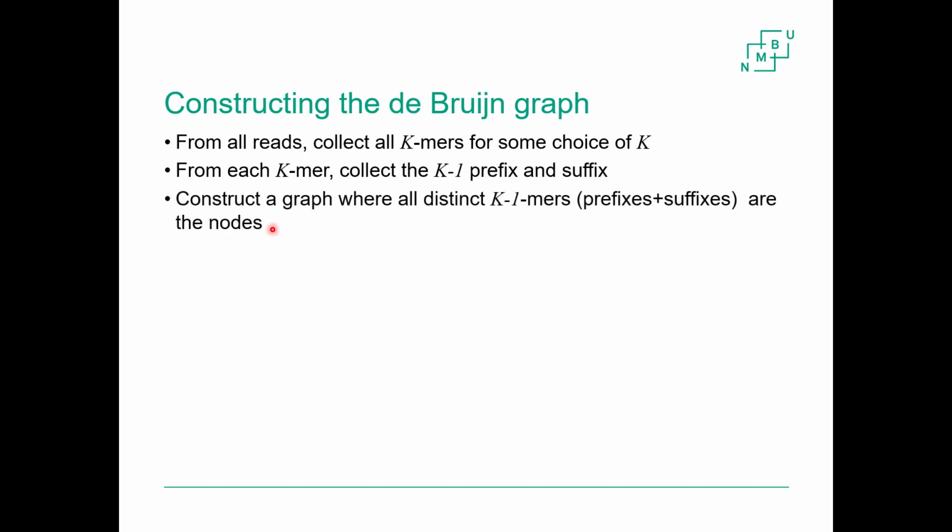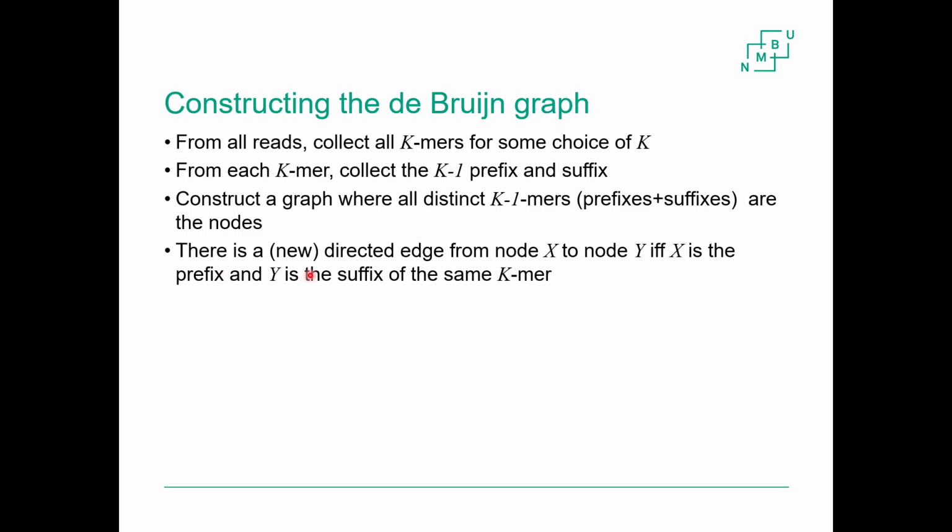And then we construct a graph where all the distinct k-1 mers are the nodes. And there is a new edge, and always directed edges in this case, because there is an ordering, right? What is before and what is after in a DNA sequence.